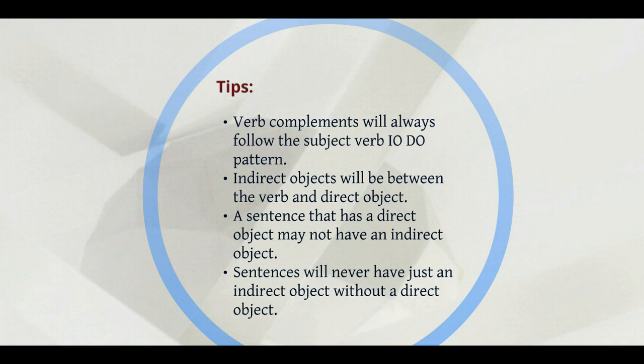Note, a sentence that has a direct object may not have an indirect object. There may not be a to whom in your sentence. However, sentences will never just have an indirect object without a direct object. You can't have a to whom without a what.